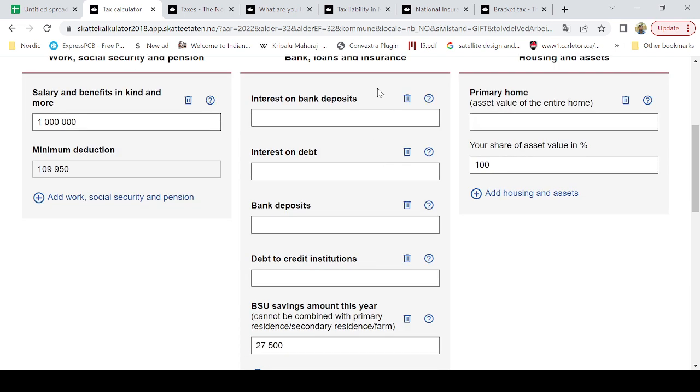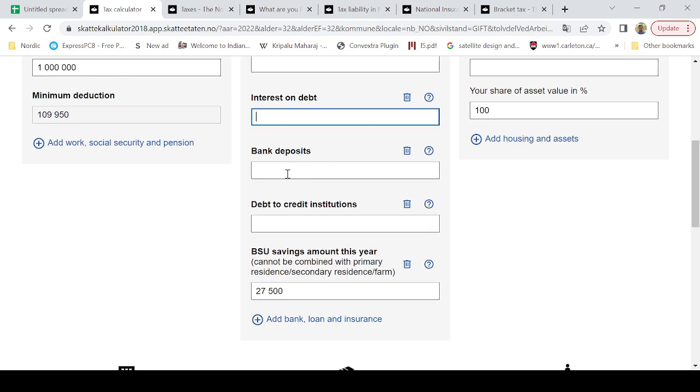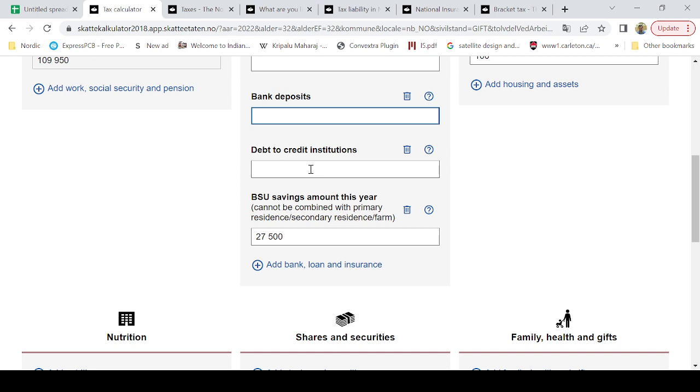Then there are many options. Like if you have some interest on bank or interest on debt, like if you have taken any home loan or any loan and you pay interest, you can put it here. You can put any bank deposit, any debt to credit, or if you have any BSUs or any account related to this, like saving for house, you can put it here.